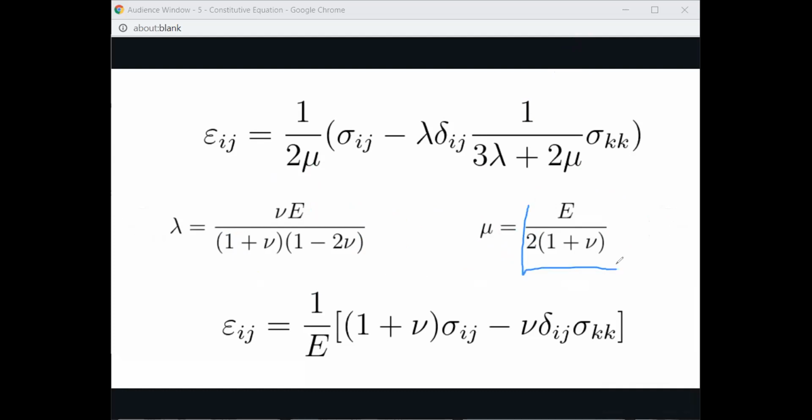Ano to? G, tama, no? So, that is the G, or the shear modulus, or the modulus of rigidity.